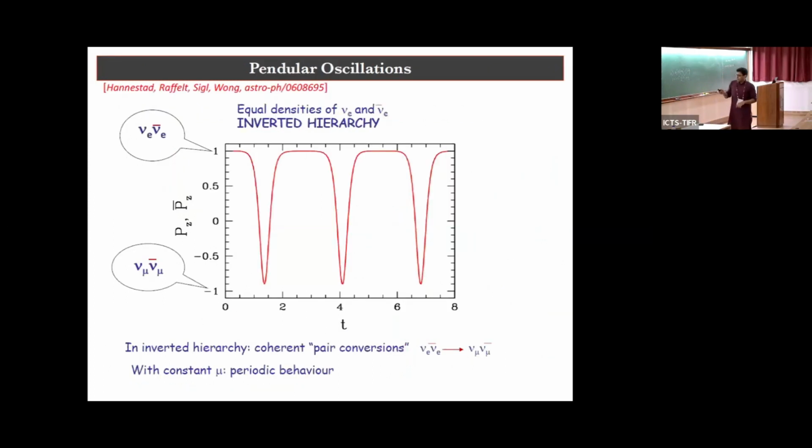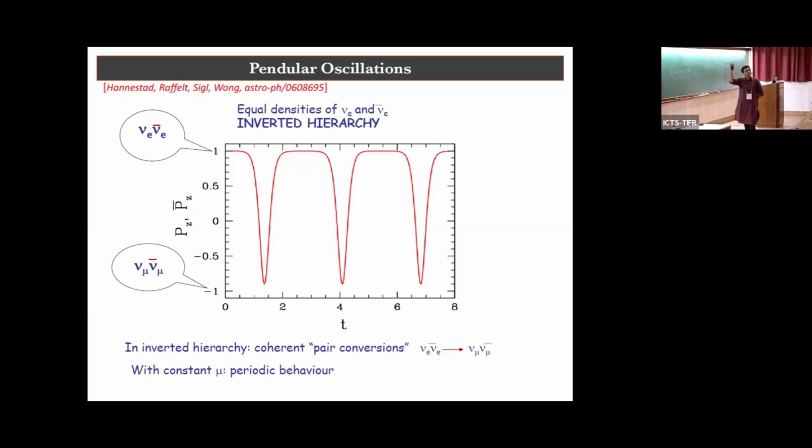Then they found something called a pendular oscillation. What was happening? Now, equal densities of nu and nu bar in the inverted hierarchy. People were initially looking into the inverted hierarchy, and as they switched on this thing, they saw this quantity, written as pz bar, but let's say this is the probability.